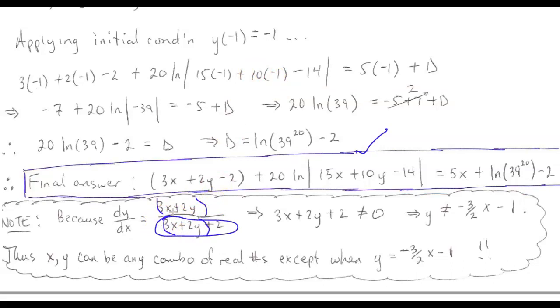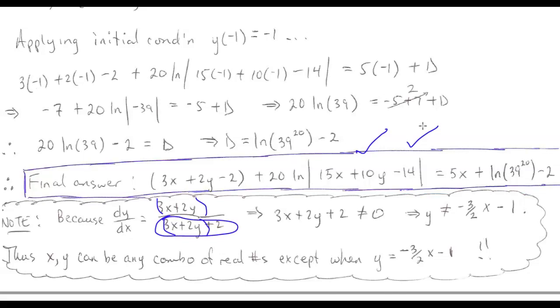And so since our denominator is not allowed to equal 0, then what this also tells us, if I go solve for y, is that y can't be equal to negative 3/2 x minus 1. So what this means is that all combinations of x and y that are along the line of y equal to negative 3/2 x minus 1 will not be a valid combination of x and y values that we can use in the solution that we've come up with here, okay?